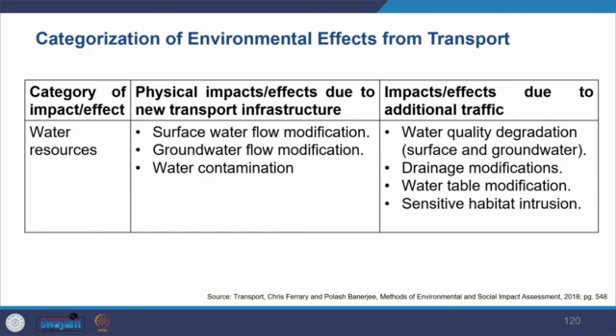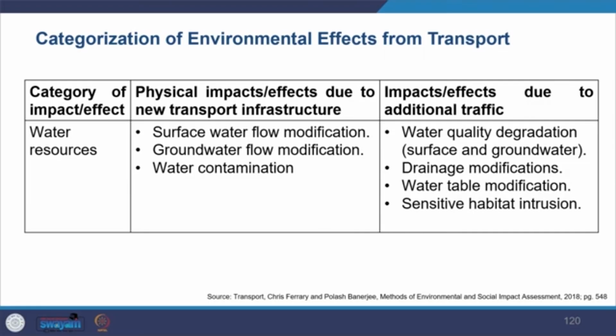So if you look at the key issue which happens because of the transportation infrastructure, you have loss of productive soils, you see erosion increases because the gradient changes. Soil contamination also happens because the drainage runoff contains metals and rubber, and more and more exposure happens.